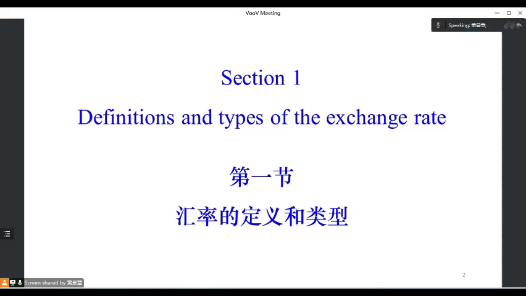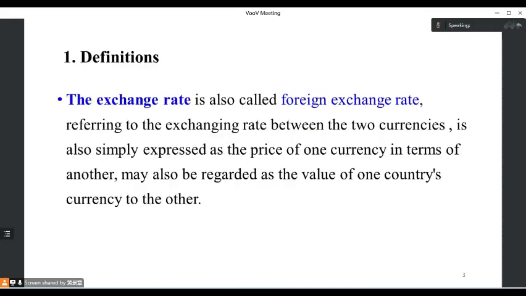Definitions and types of exchange rate. In Chinese we can say 第1节汇率的定义和类型。Let's see definitions.